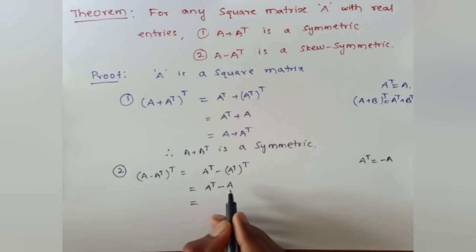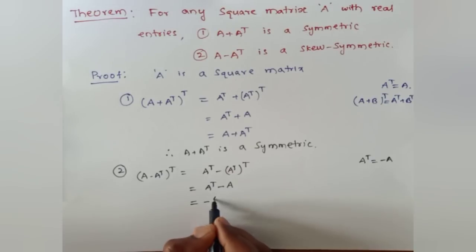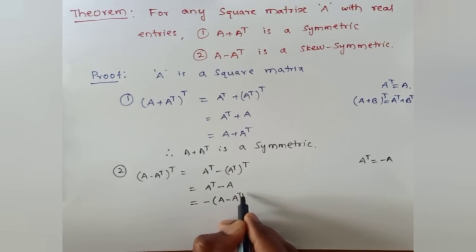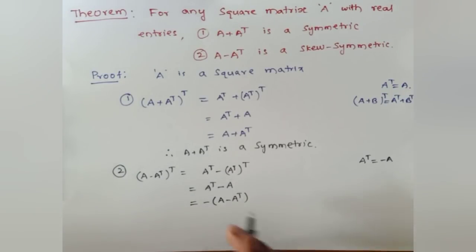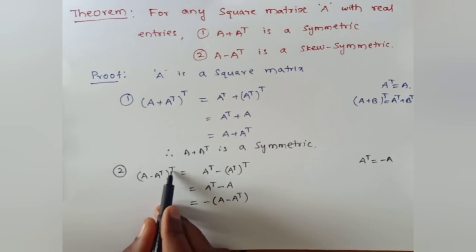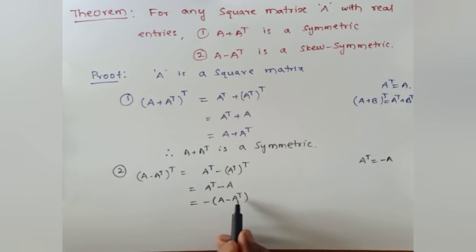Then let us take a minus common. Then this is positive and this is negative. So A minus A transpose whole transpose is minus of A minus A transpose.